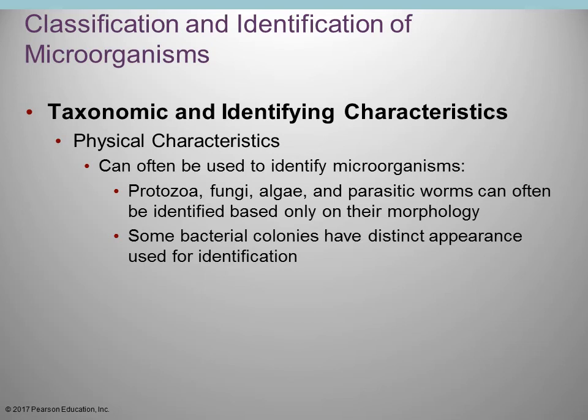Sometimes protozoans, fungi, algae, or parasitic worms can be identified based on their morphology, what they look like, because they are larger. Certain bacteria may have very distinct appearances that can be used for identification. The bacterium Bacillus anthracis, the causative agent of anthrax, has a very unique, distinct appearance when it's growing on a petri dish.